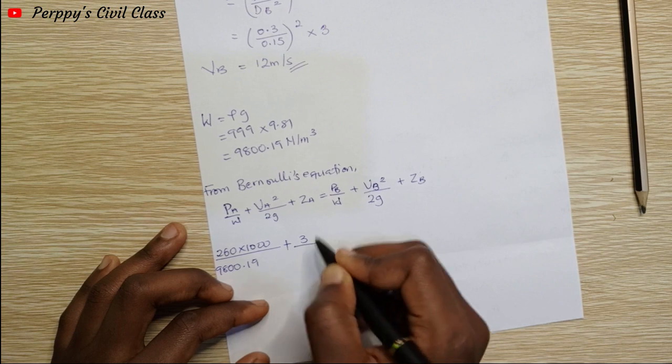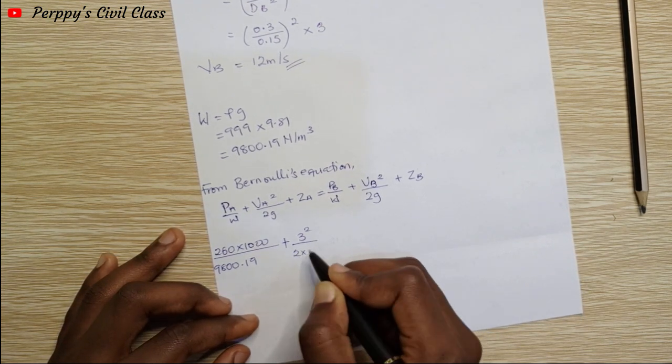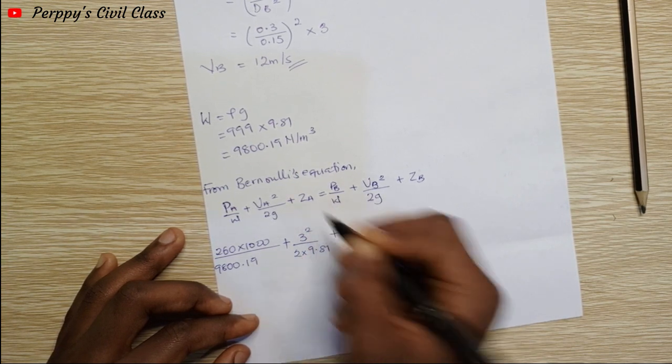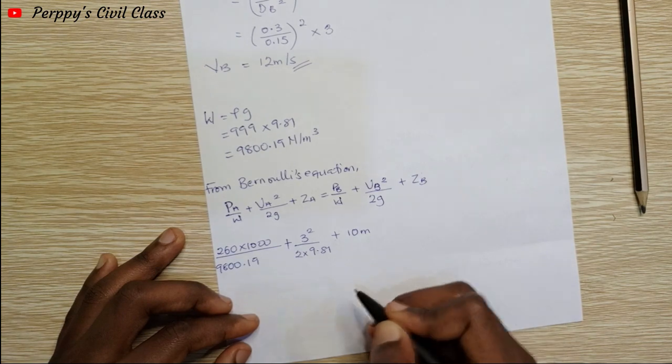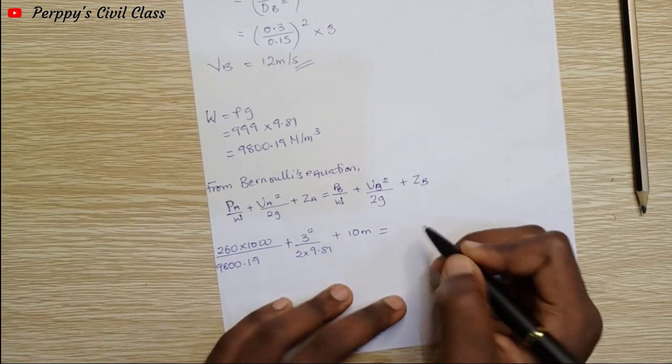So 3 squared divided by 2 multiplied by gravity 9.81, plus ZA, which was 10 meters, is equal to PB.